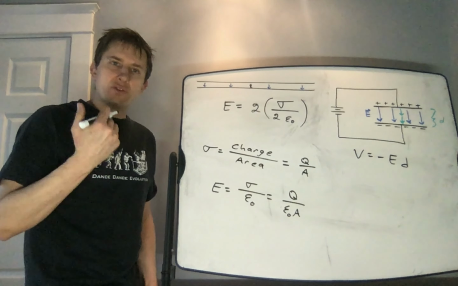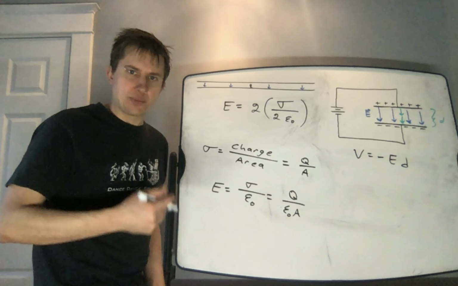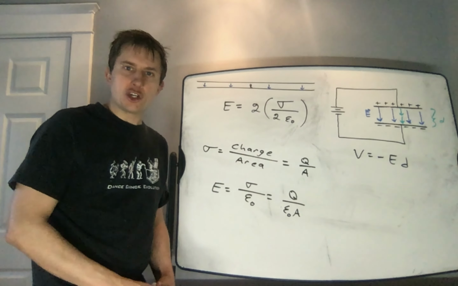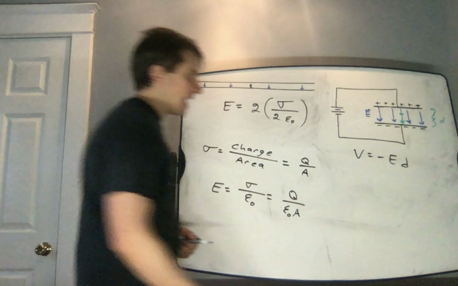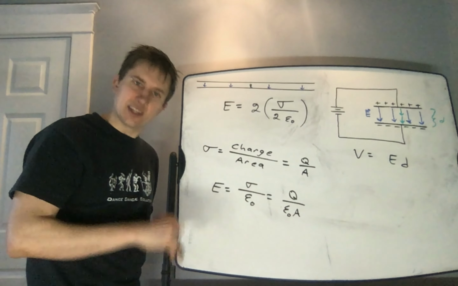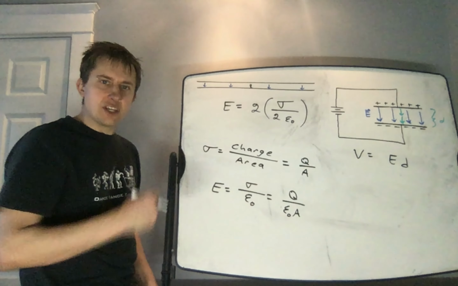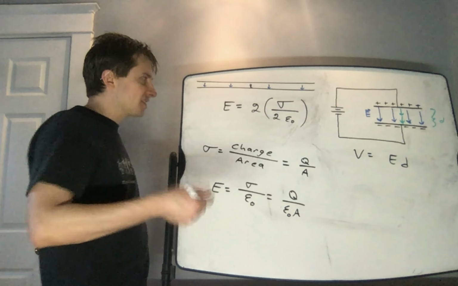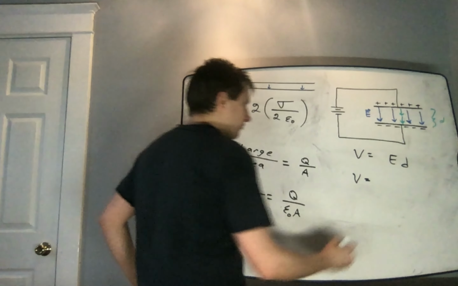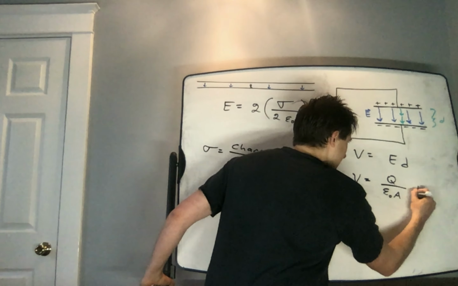Now I am going to say that V is understood to be the drop in electric potential. So because I am saying V is the drop in electric potential, the negative sign will be implied. So I'm going to get rid of the negative sign because it is implied, and plugging this value in for the strength of the electric field between the plates, I could say the drop in electric potential between the plates is given as Q over epsilon naught A times D.